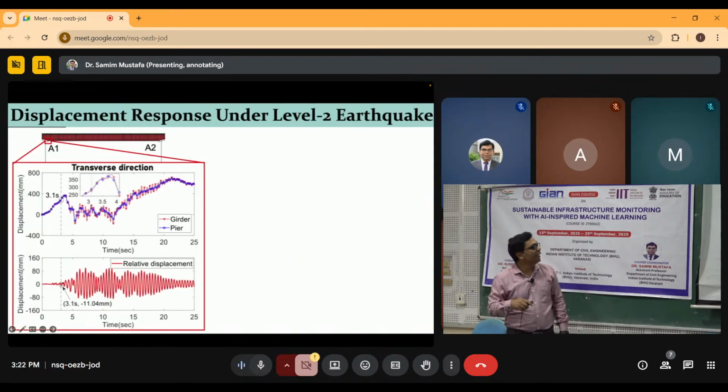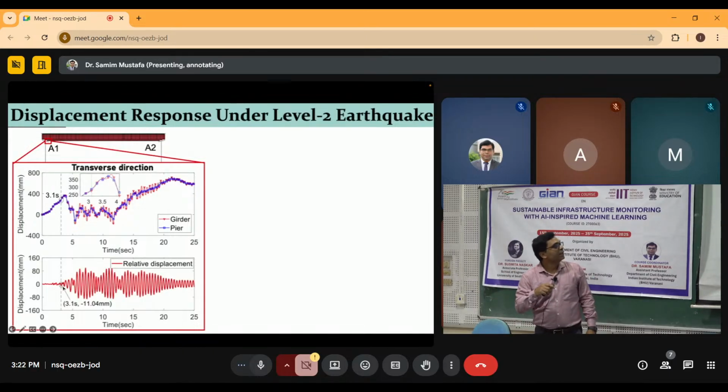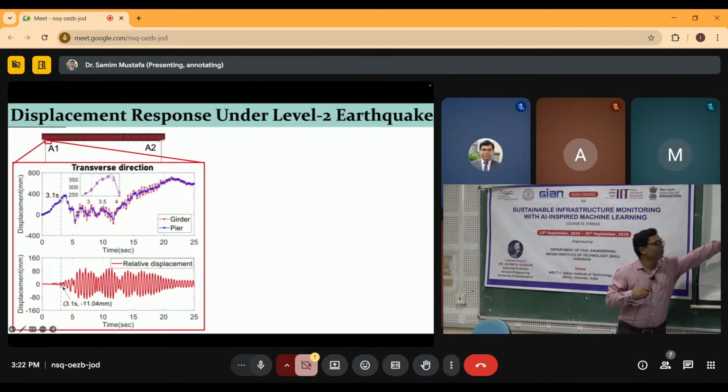Then we monitored the displacement in the transverse direction. Suppose this is the bridge, we monitored how it is behaving in the transverse direction. We can see after a certain point a relative deformation between the girder and the pier started to appear, probably after 3.1 seconds, when it crossed a certain displacement value.